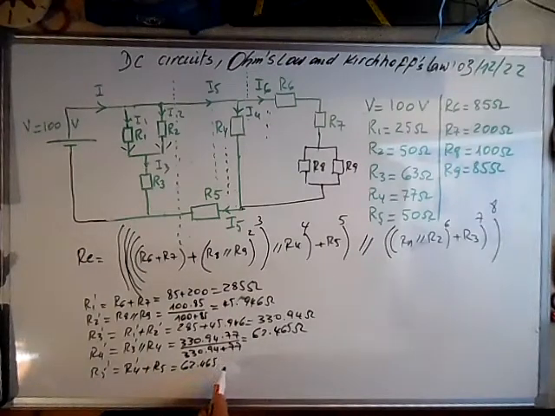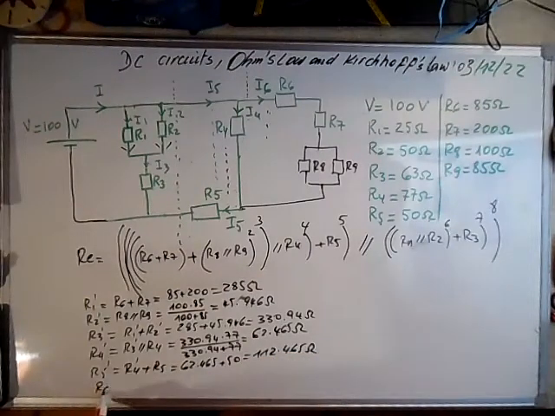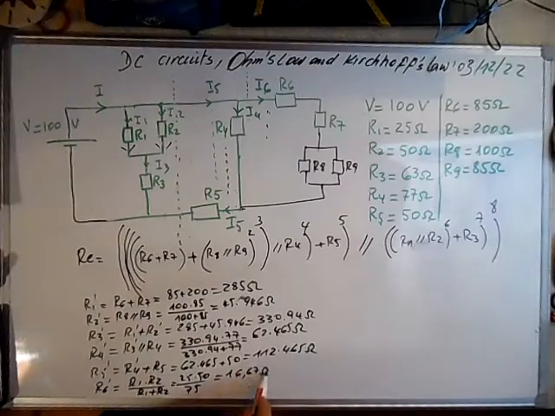And we go to R5 prime, we add R5 to R4 prime, and this will give us 62.465 plus 50, and this is 112.465 ohms. R6 prime now is R1 times R2 over R1 plus R2. This is 25 times 50 over 75, and this is 16.67 ohms.